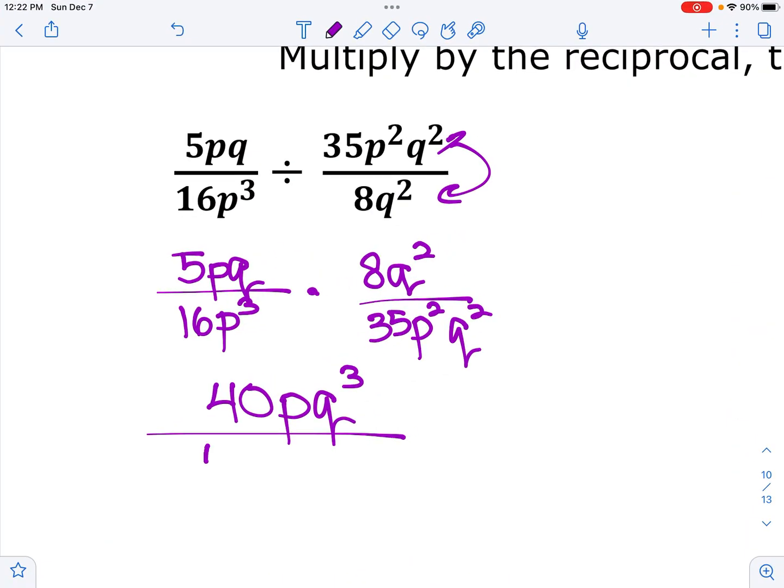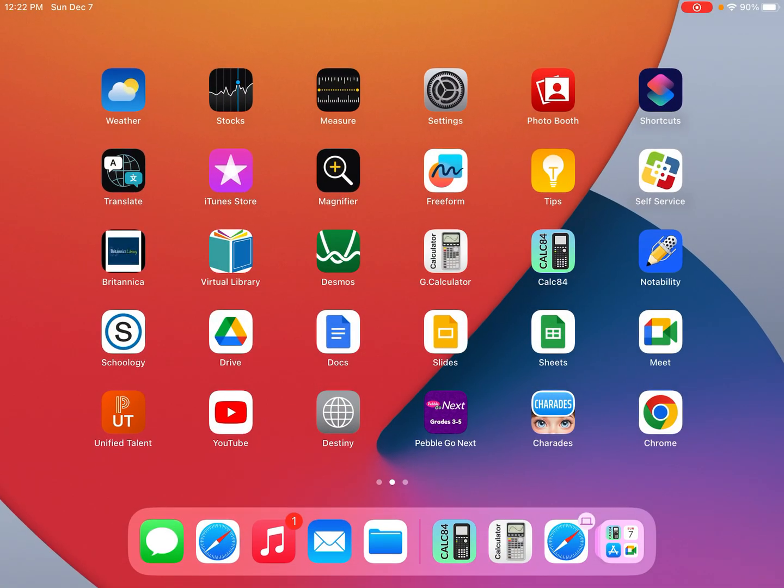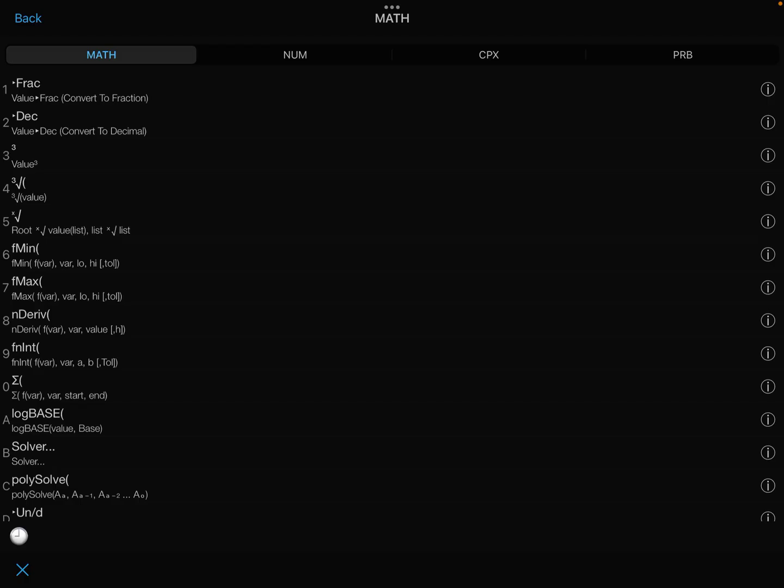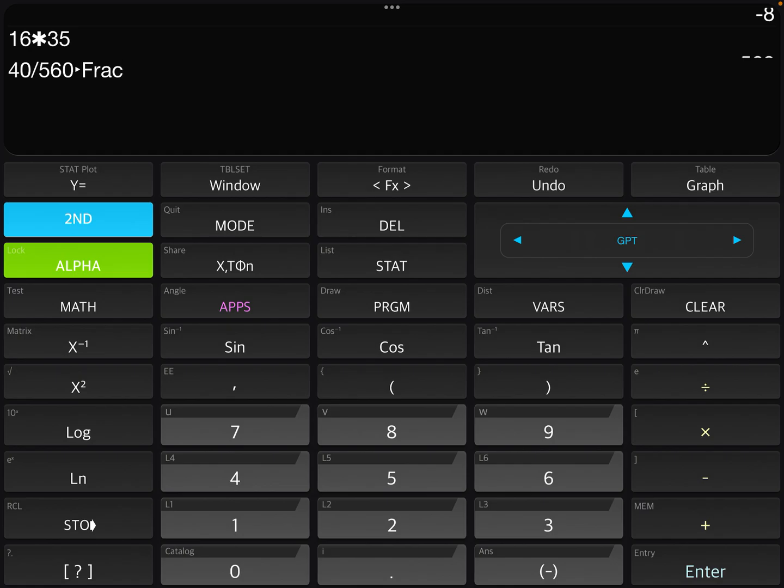All right. And then I have p to the 5th q squared. Okay, I want to reduce 40 and 560. You might be able to figure that out in your head, right? 40 divided by 560. It's 1/14.